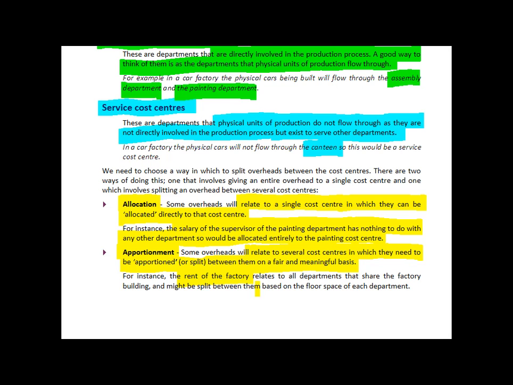And what we might do is look at the floor space of each department. So if one of the departments takes up 50% of the floor space of the factory, maybe they should take 50% of the cost. If another department takes up 10% of the floor space, well, maybe they should only take 10% of the cost. So allocate is where we're going to send the entire overhead to a single cost centre. Apportionment is where we're going to share an overhead out across several cost centres.